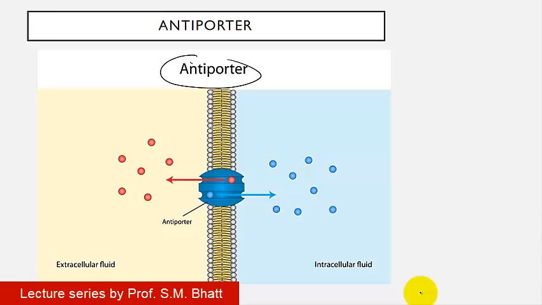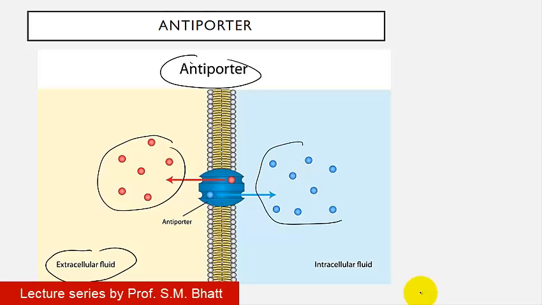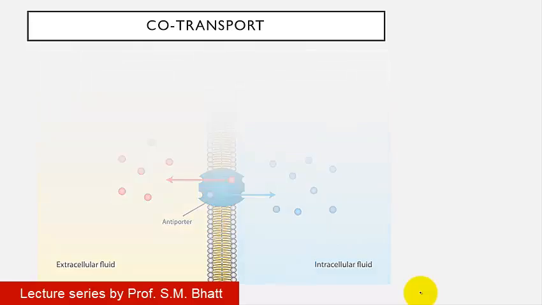There are various pumps also available in the membrane called antiporters. You can see the one molecule, the red one, is going towards the extracellular fluid, while the blue one is moving toward the intracellular fluid. So they are moving in anti-direction, opposite direction.